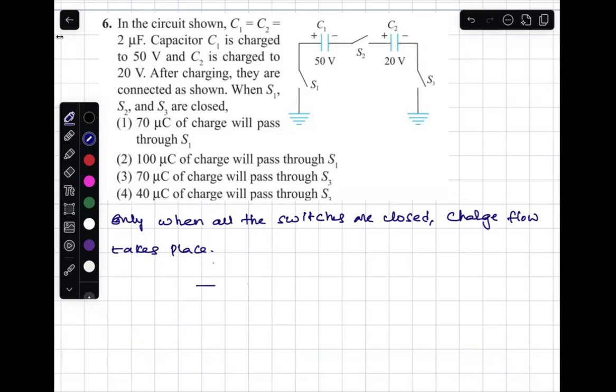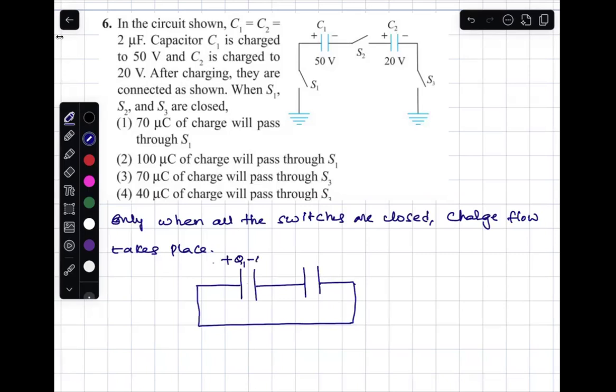When I am closing this, try to please understand it is as same as closing like this. Your earth and my earth are not different. It's the same earth. Right. Now issue is they have given 2 microfarad, and you will have a charge of how much here?